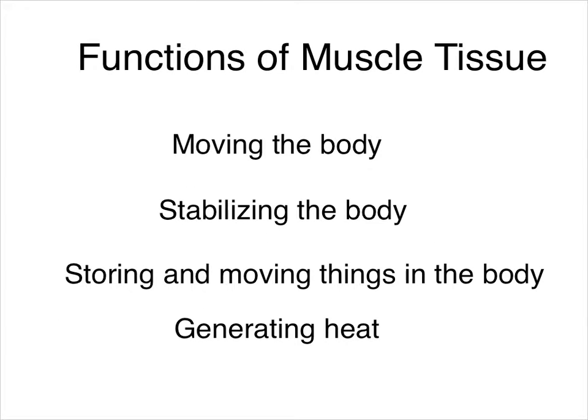The functions of muscle tissue. Well, first off, moving the body. When you walk from point A to point B, that's your muscles mostly moving your skeleton around, and that allows your body to move around. So that seems pretty obvious. But also, muscles are hugely involved in not moving the body. If you're standing still, if you're just sitting there being stable, muscles are involved in that.